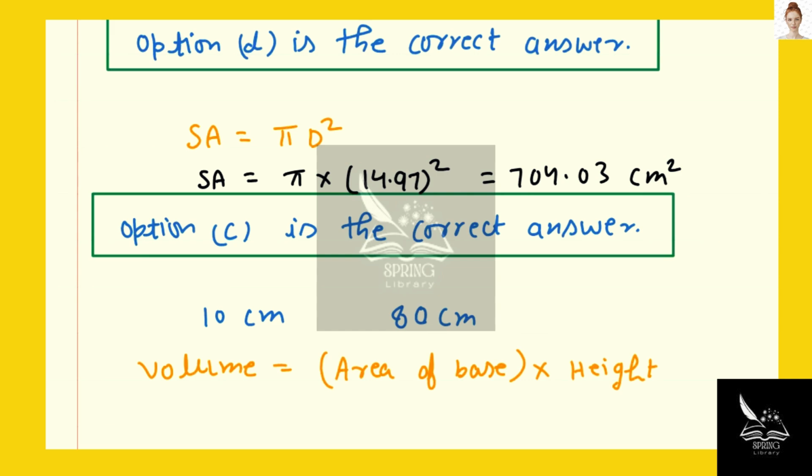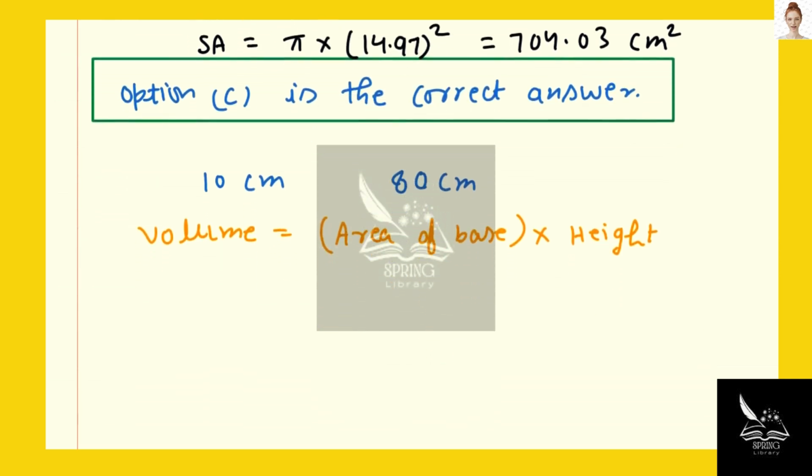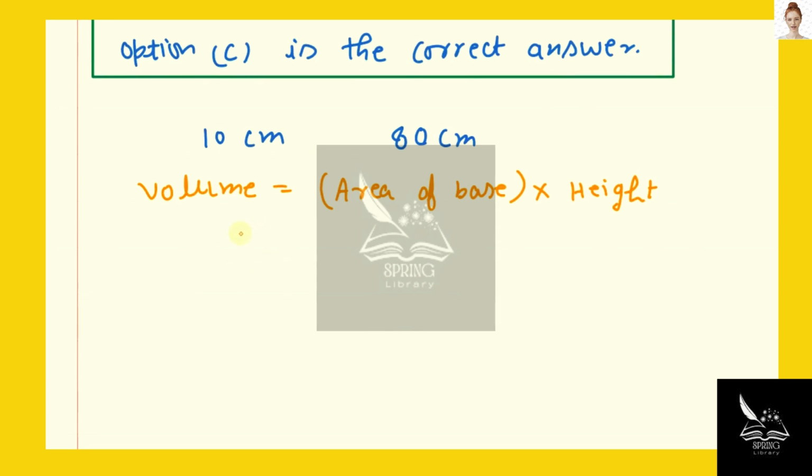Now let's apply the formula to calculate the area of the equilateral triangle. So we can write volume is equal to root 3 over 4 times a square. This is the formula to calculate the area of the equilateral triangle, times height. Now substitute all the values.